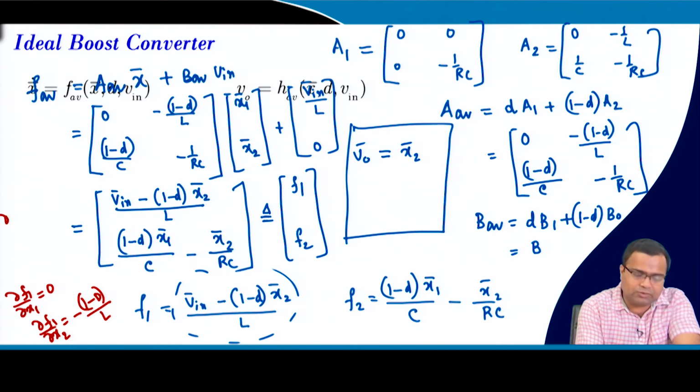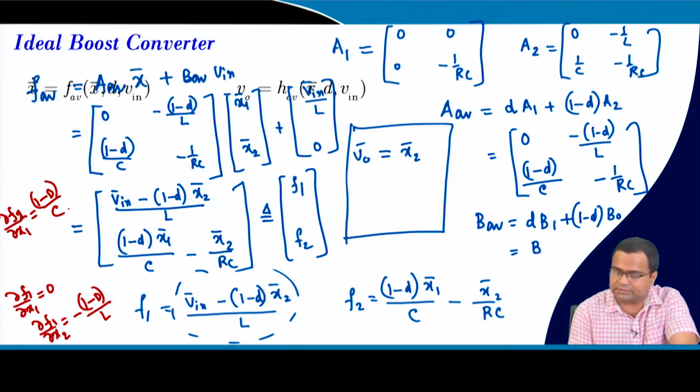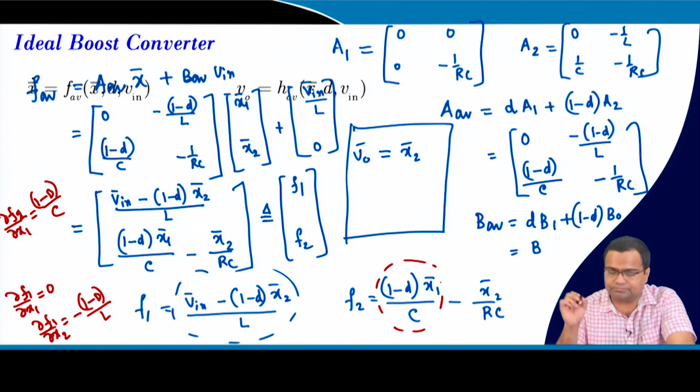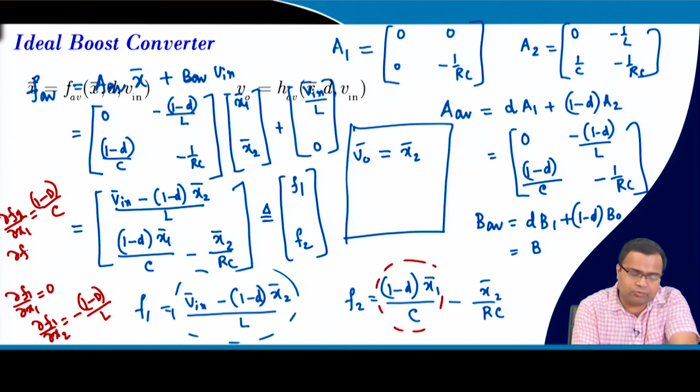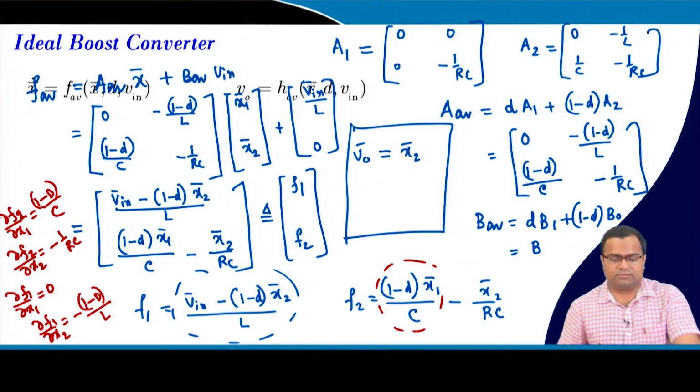What is my dou F2 dou x1? It will be (1 minus d) by C, this is coming from here. And what is my dou F2 dou x2? It is simply minus 1 by RC, correct.